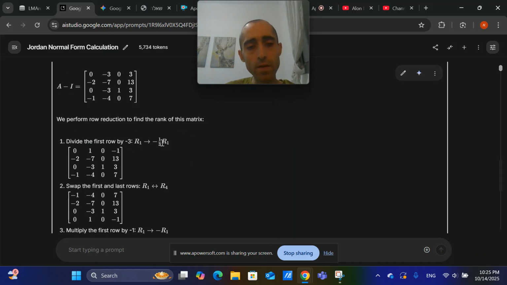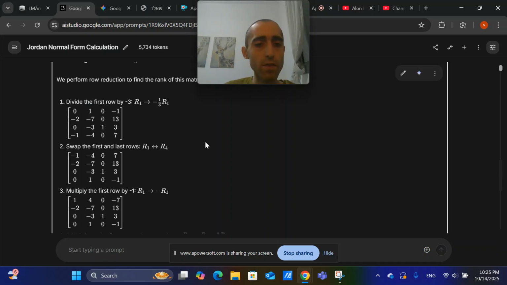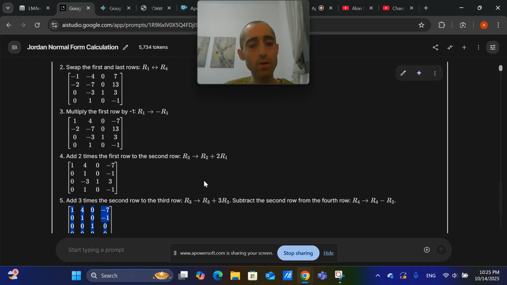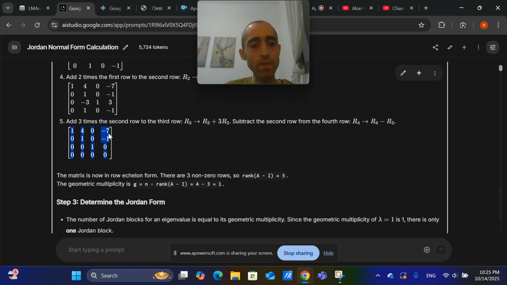We start by multiplying by minus a third, swapping rows, and so on, until we get to the reduced echelon form like you see right over here. You can see that one row became all zeros, and we have 3 rows that were not annihilated. So the rank of the matrix is 3.